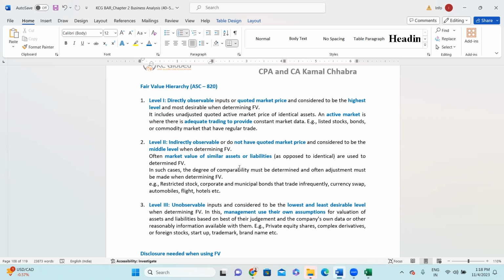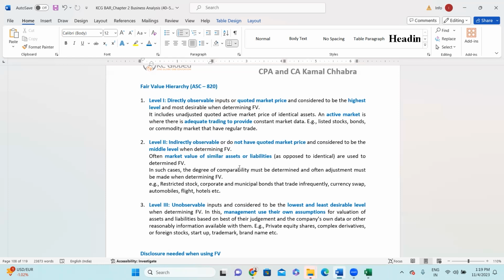There it will be easily available in the active market, hence we call it level 1. Second is when you do not have an active market for the product and service, but the product and service are being sellable to the non-active market as well. So to those non-active markets, whatever the price you have paid will come under the unobservable condition, right?